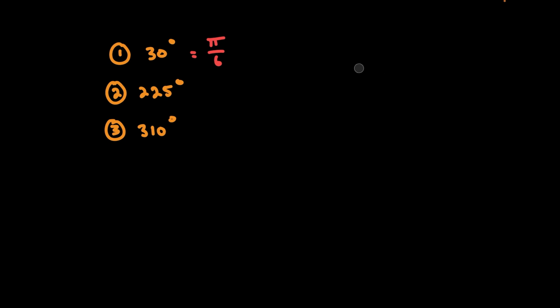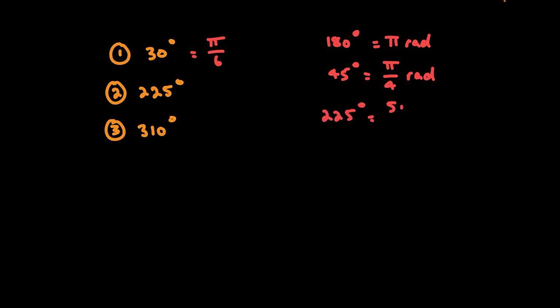And again, we recognize that 180 degrees is equal to pi radians. That means 45 degrees is a fourth of this. It's pi on 4 radians. And to times 45 to 225 degrees, it's the same as timesing by 5. So 5 pi on 4 radians. That's how you work out this value here.